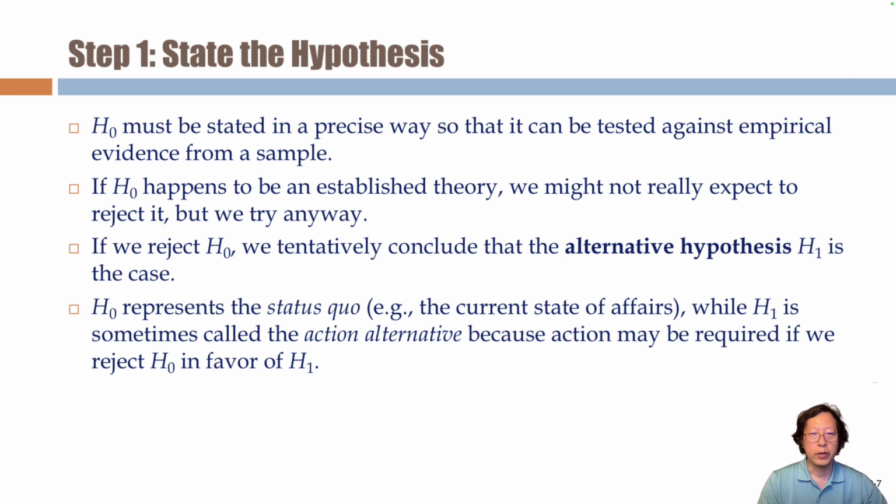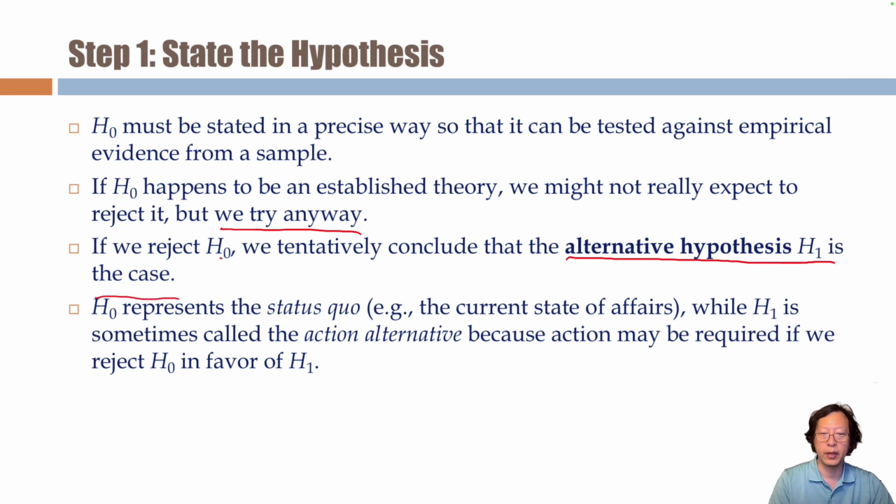So state the hypothesis. H0, the null hypothesis, must be stated in a precise way so that it can be tested against the empirical evidence. You might not really expect to reject it, but we try anyway. If we reject the null hypothesis, then we conclude that the alternative is the case.